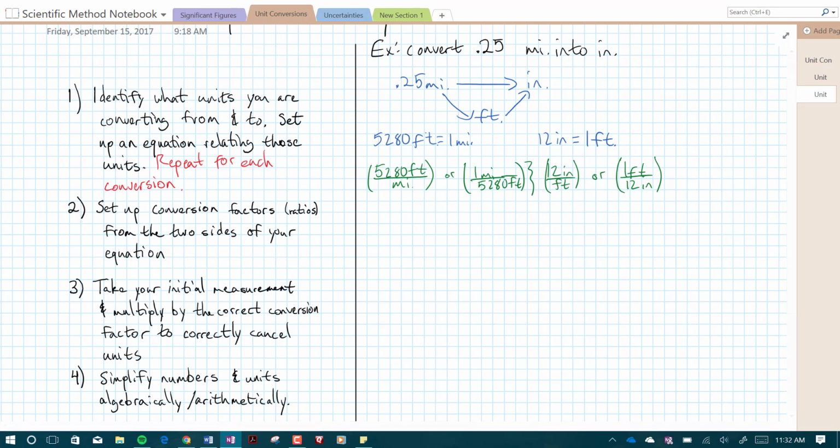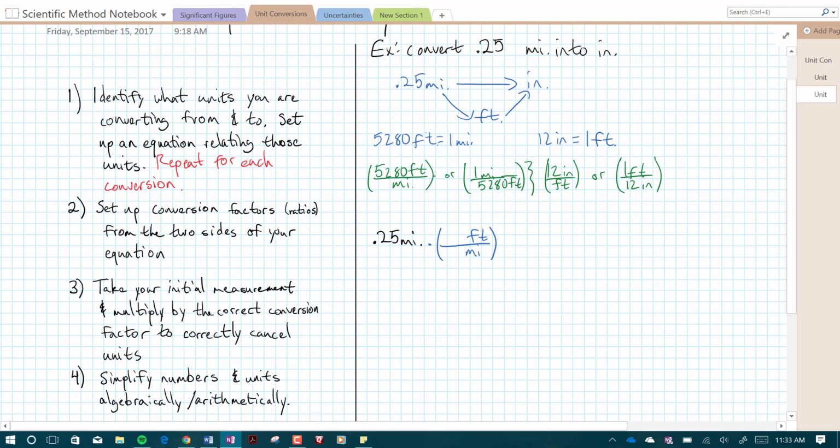And next up, we actually do the conversion. We're going to write down our initial measurement, 0.25 miles. And since we're going to convert from miles to feet first, we're going to look at the mile to foot conversion factor. Since we need to cancel out miles, we're going to need miles in the denominator and feet in the numerator.